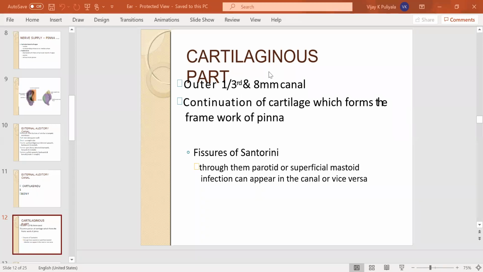Through them, parotid and superficial mastoid infections can appear in this canal.